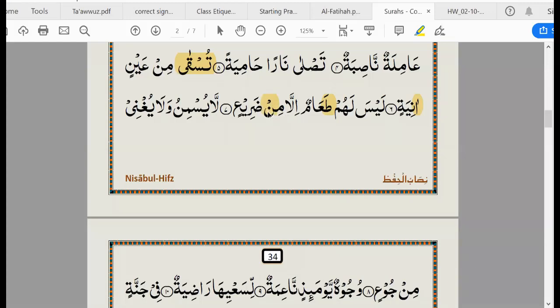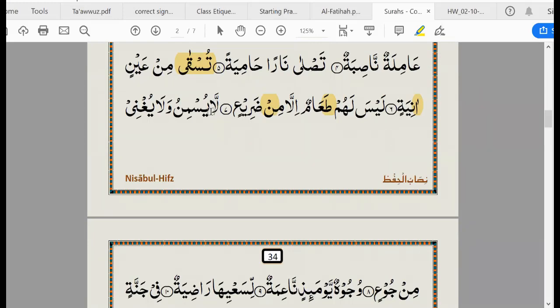Noon is going to be hidden. So like not complete. Ikhfa. You know the rule of ikhfa, right? So not min. Min. Okay, nasal sound. Min dari. And again, Zod is going to be a thick letter, so thick sound. Not dari. Dari. Okay, carry on.